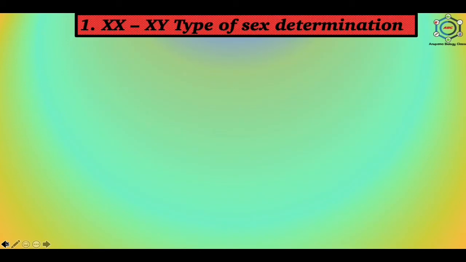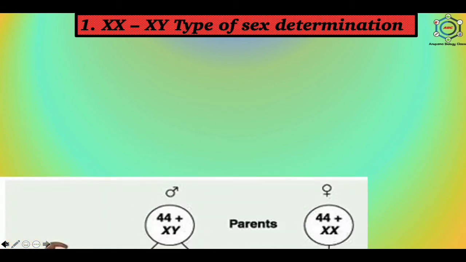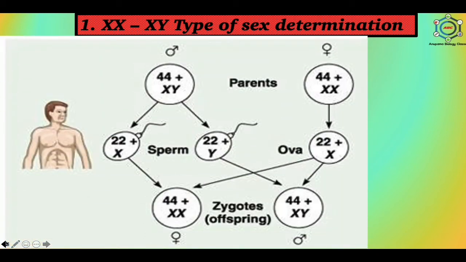Now, the first, that is XX-XY type of sex determination. In this case, the sex is determined in mammals including human beings and certain insects such as fruit fly in the same manner.